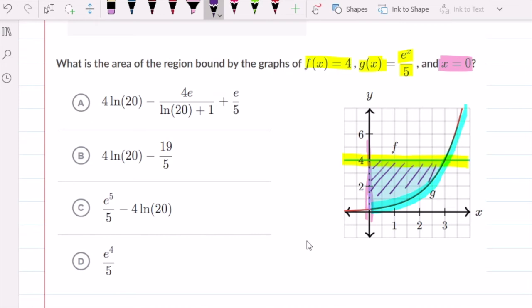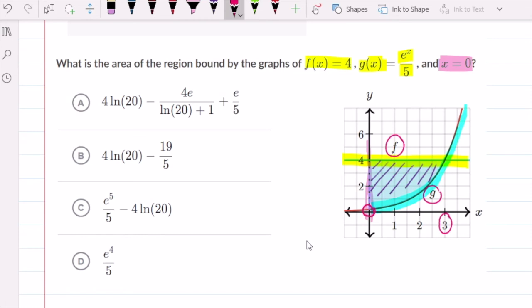We can find that area using two ways. Today, in this class, we are going to find it by using the integral with respect to x. So I can say that the area enclosed by the graphs of the functions f of x and g of x is enclosed for x equal to 0 up to 3.